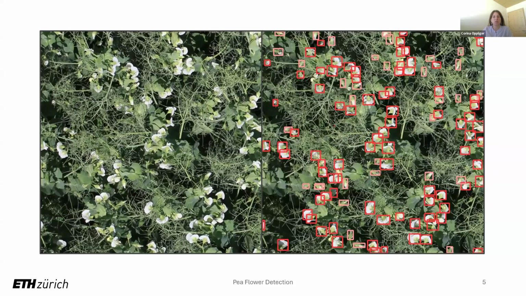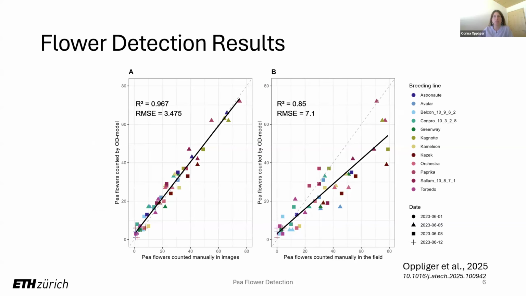We also did some ground truth. We collected ground truth data by counting the flowers manually in the field and, in addition, also on images. As you see in these plots, on the y-axis is always the flowers that have been detected by the model. On the x-axis, in the left plot, you see the number of flowers that we counted manually in the images, and on the right one, how many flowers we counted manually in the field.